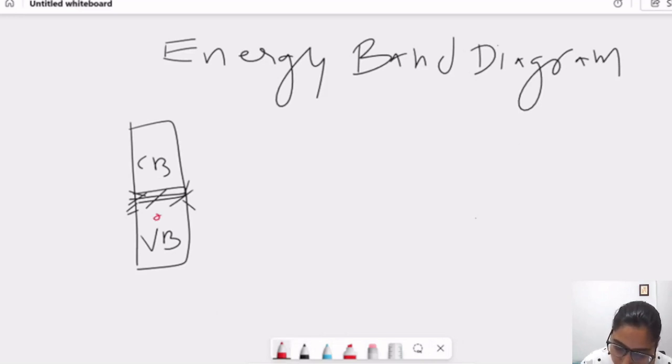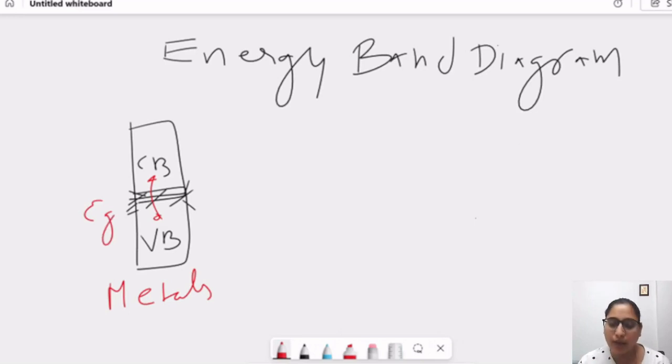It is jumping from here to here without any external input. So these are called metals, where the Eg, or the electronic energy band gap, is 0. Okay, Eg is 0, meaning the conduction band and valence band are overlapping each other.